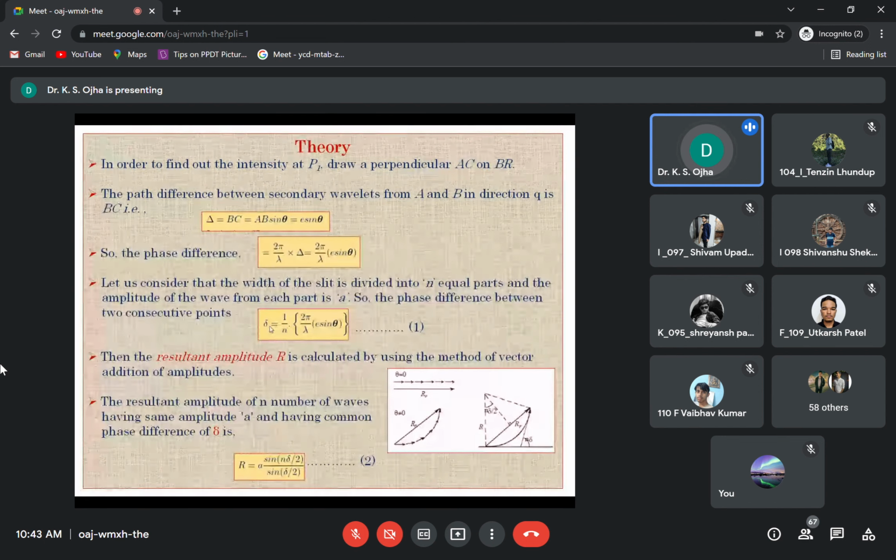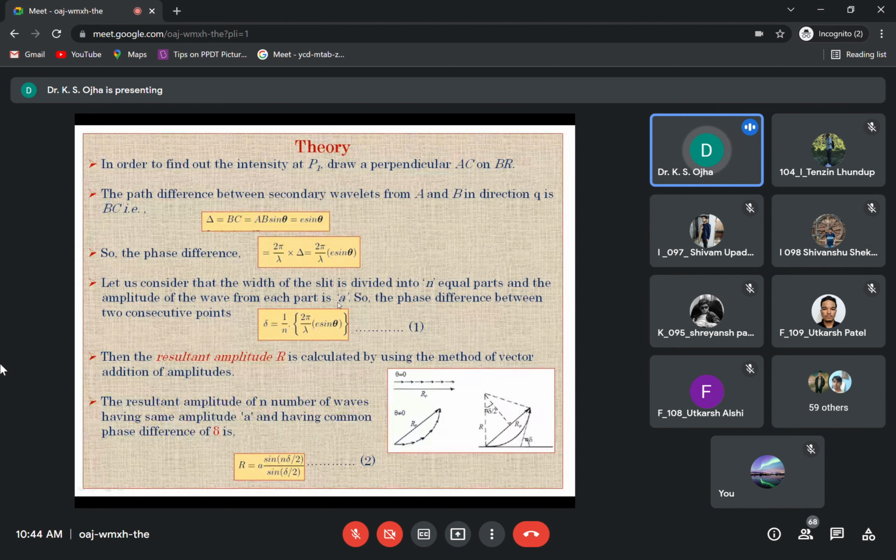So the phase difference between two consecutive parts will be the total phase difference divided by the number of parts, 2π/λ sin θ by n, and this is equal to delta. Delta represents the phase difference between two consecutive parts, and the amplitude of each wave emerging from each part is A.